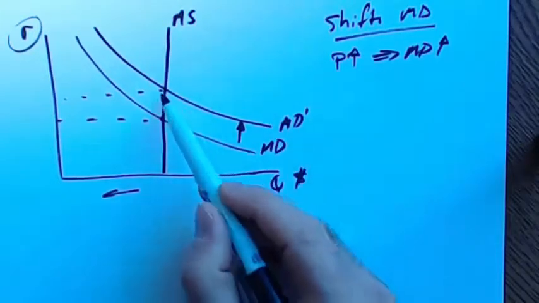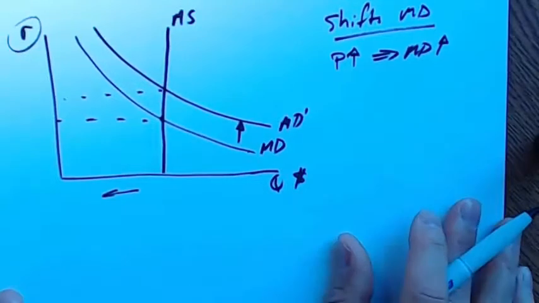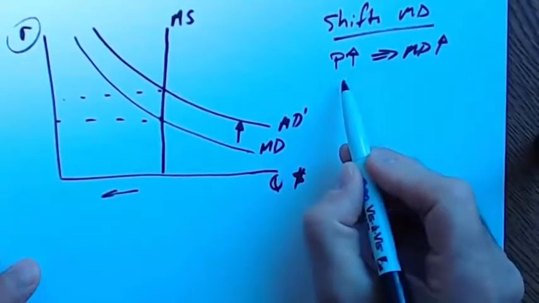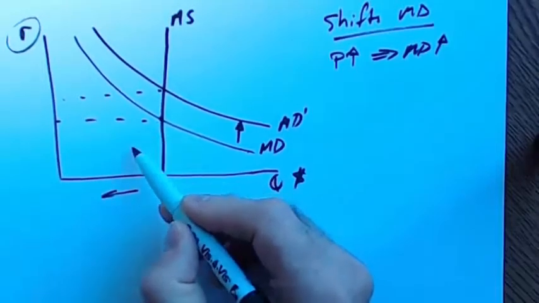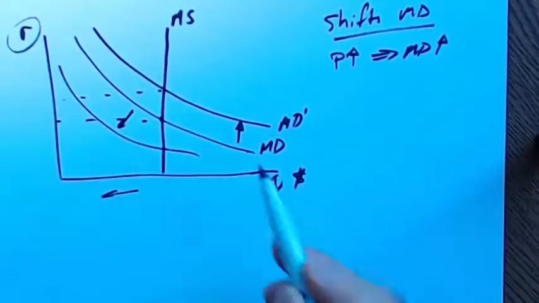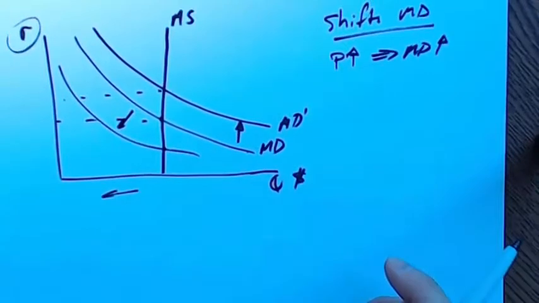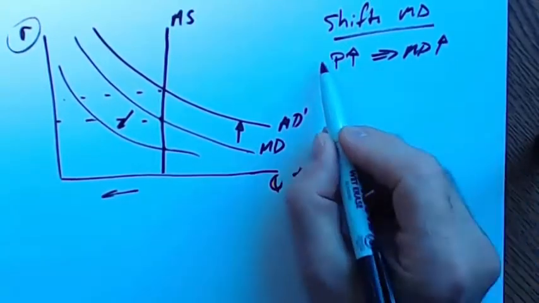And so you'd have a ramp up in the money demand. And the opposite would happen if the price level fell. We would have a drop in money demand, so you'd have a come down and interest rates would fall. That's not too hard to see.